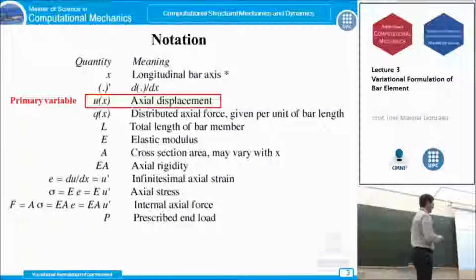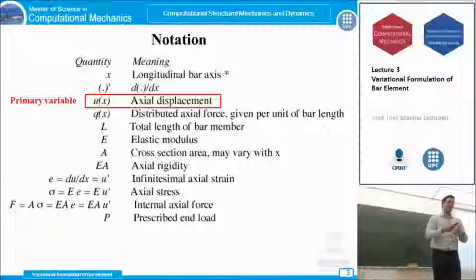The notation, the magnitudes we're going to work with, are first of all the primary variable, the axial displacement. This is our objective: we want to know the displacement function that is the solution of the problem.